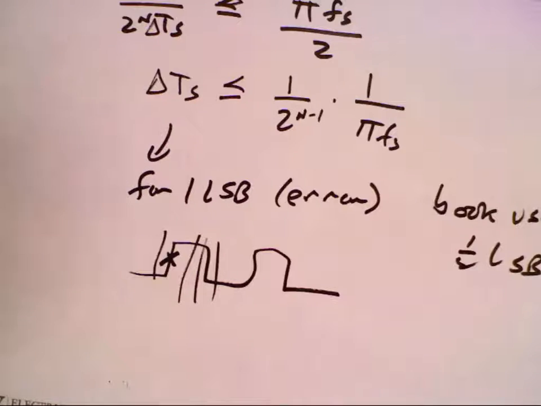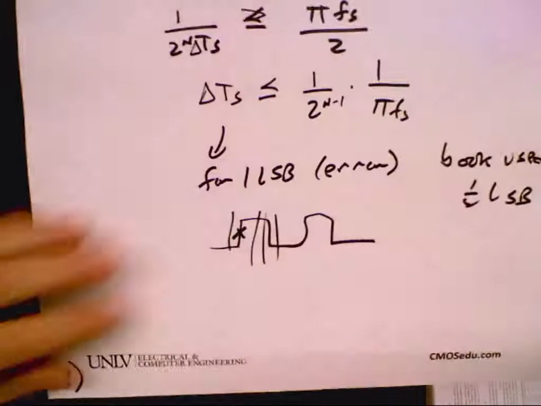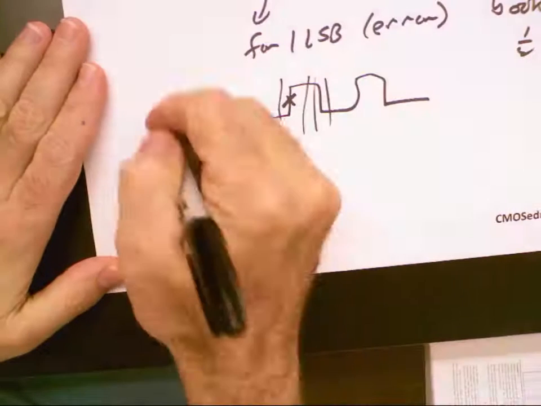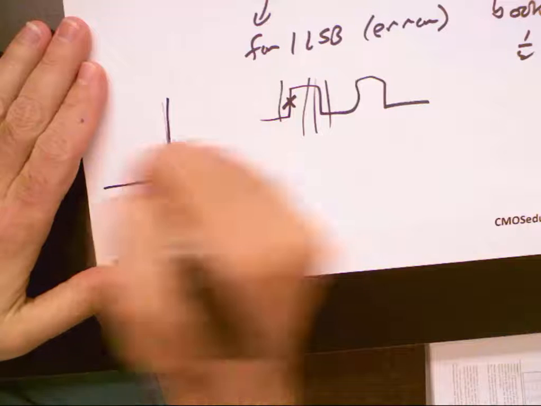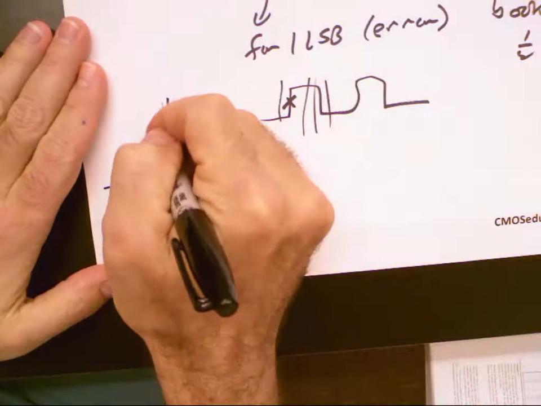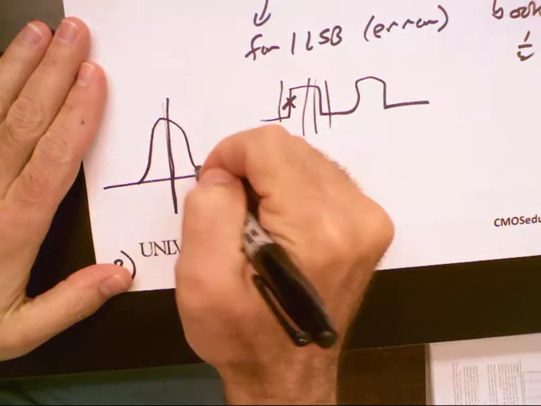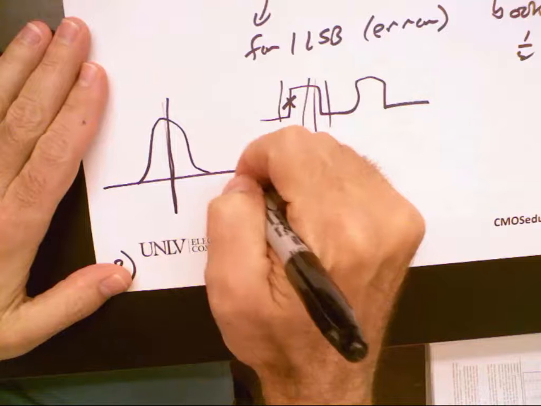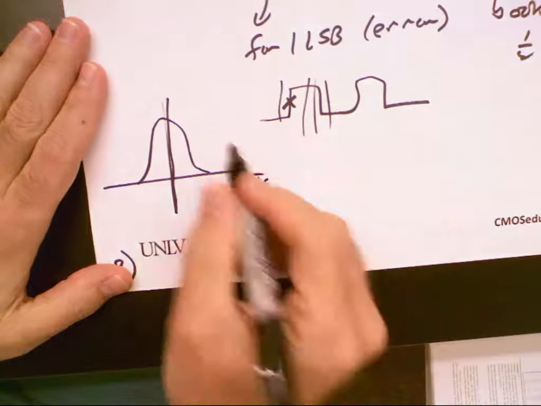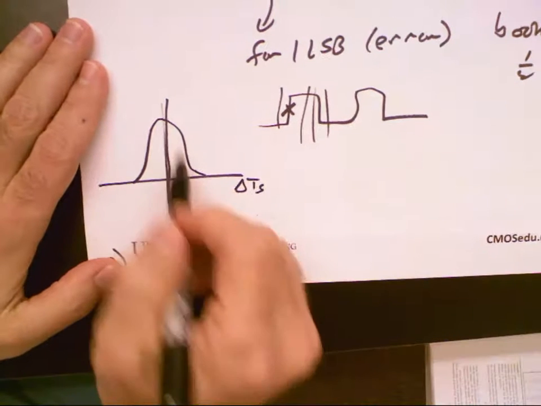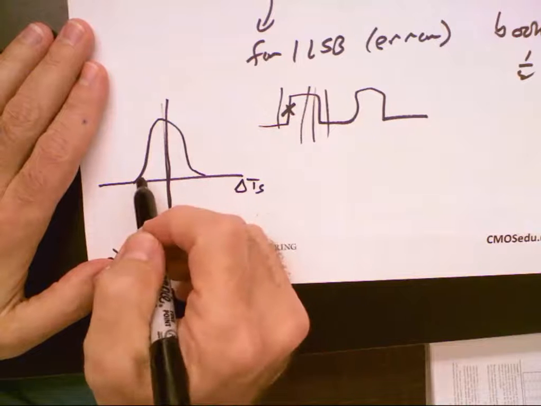One last thing related to this, and you'll see this later, and I'll try to pick it up next time. If you look at any probability density function, so this say is the jitter, we'll just say delta TS, and its average is 0, but then it goes out here and it goes out here.